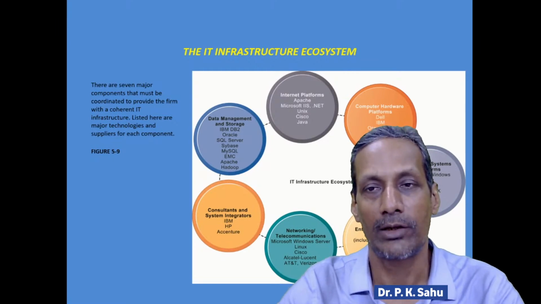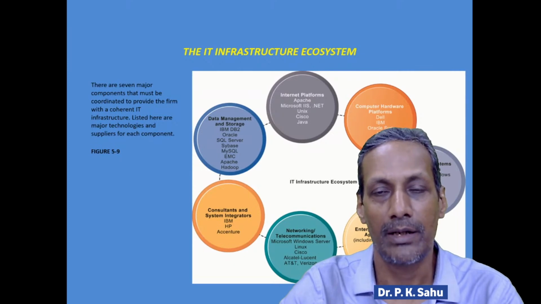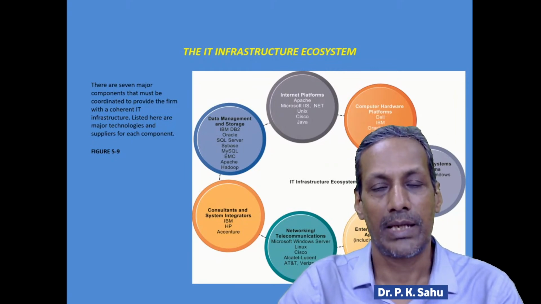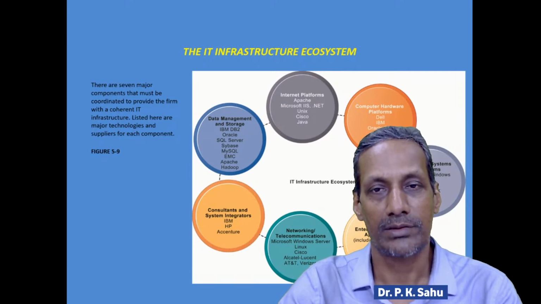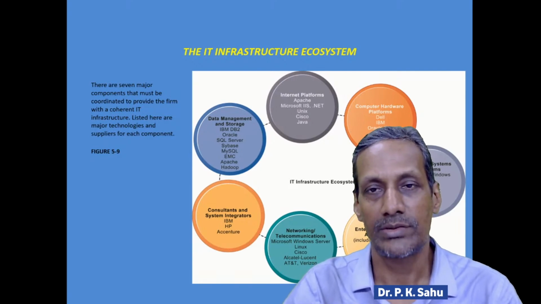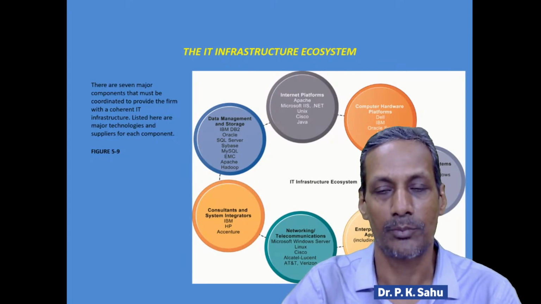If all these components are in place, the government or the organization or a family can have the required IT infrastructure in place to start their work. So this particular slide shows you the major technologies along with the suppliers for each of the components.